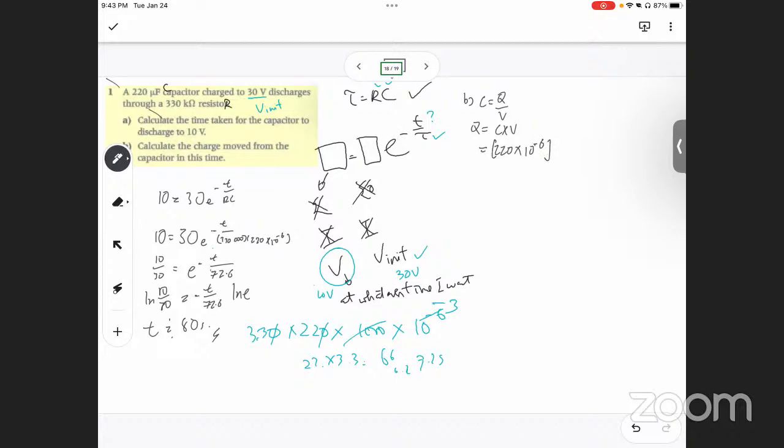Oh, this will require explanation. V is 20. V will be 30 minus 10.